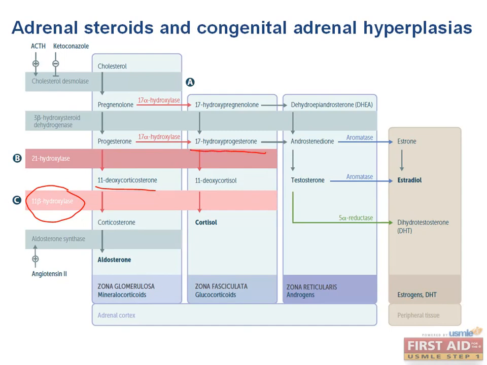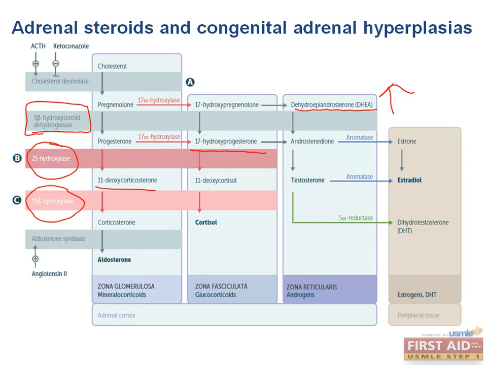If these levels are elevated, you should be thinking of 21-hydroxylase deficiency. Additionally, if 3-beta-hydroxysteroid dehydrogenase is absent, and that's this guy right here, DHEA levels will increase. Over on the right side, you'll see peripheral conversion of testosterone to estradiol, or DHT.